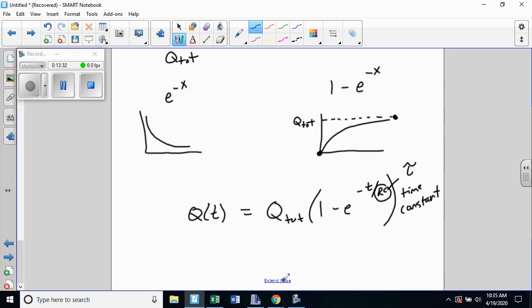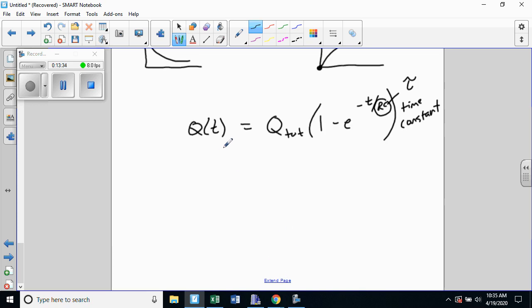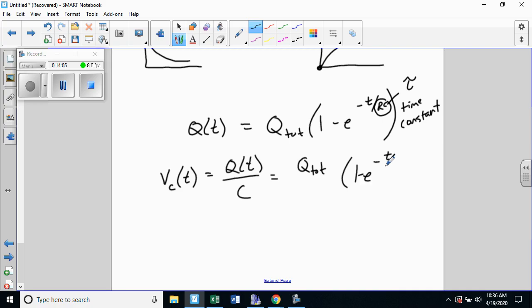But I'm not going to stop there, because I know that with Q, I can do so many things. For example, with Q as a function of time, we know that Q is CV, so I could find the voltage on the capacitor as a function of time by just dividing Q as a function of time by C. And Q as a function of time is Q total times 1 minus e to the minus t over RC.